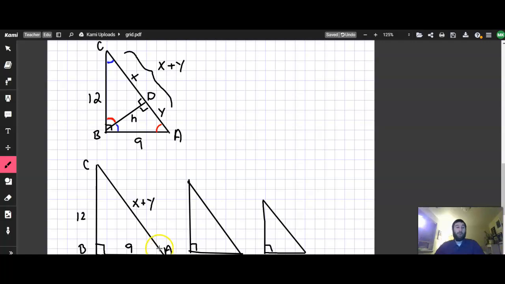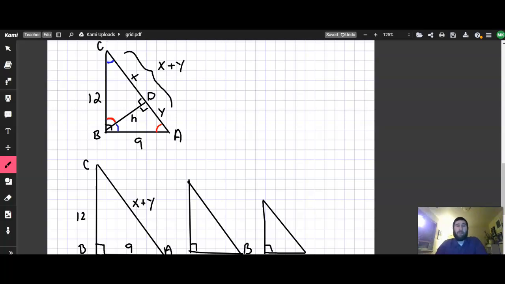Which means the red angle in part A, when I look at the medium triangle right here, its red angle is B. So there's side B. Now, ladies and gentlemen, it may be hard to track exactly what I'm talking about here.